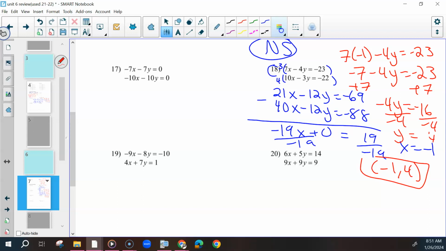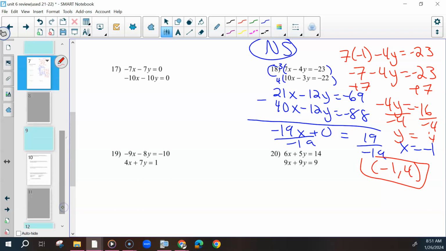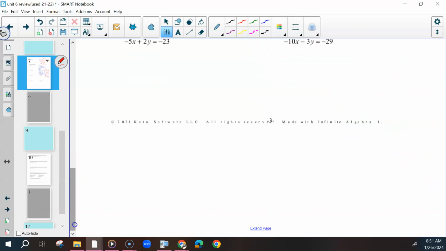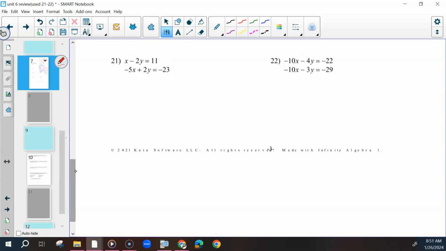Okay. Other elimination problems? 22. And then we'll move on to word problems. So for 22, our x's are already the same. So would we add or subtract these? Subtract.